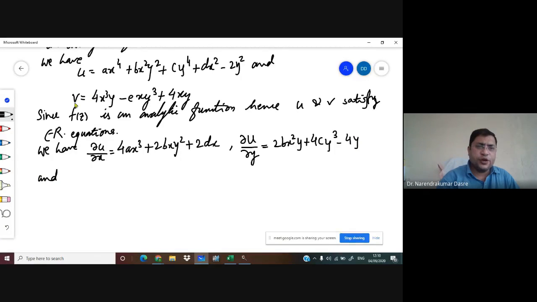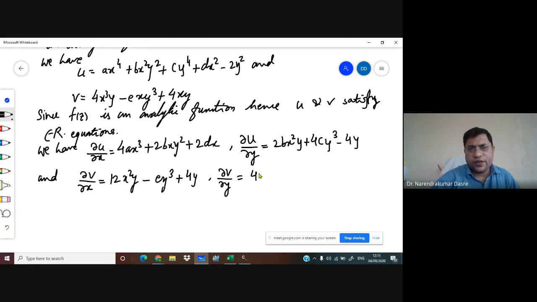And now we have to consider the derivative of v. So we'll be having ∂v/∂x. Okay, so this is 12x^2y - ey^3 + 4y, and you will be having ∂v/∂y is equal to 4x^3 - 3exy^2 + 4x.